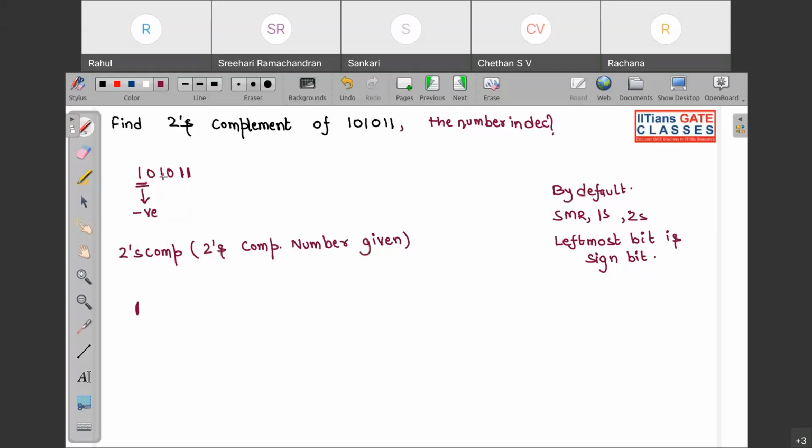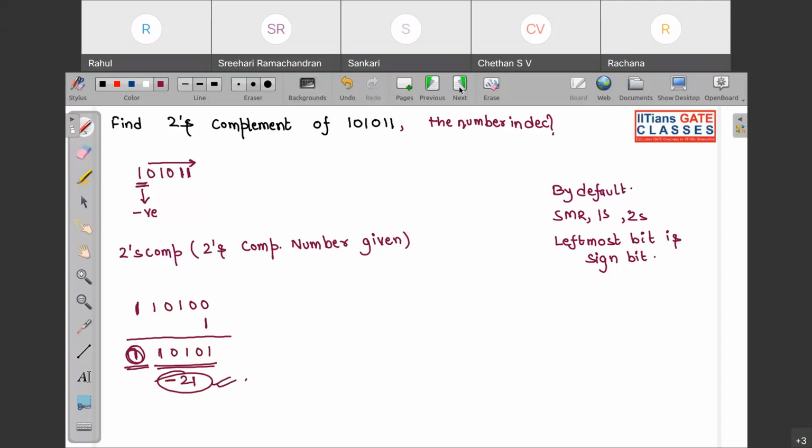The sign bit should not be disturbed, and we complement all the remaining magnitude bits. So this will be 1 0 1 0 0, and then we add 1 because I need to calculate the 2's complement. So this will be 1 0 1 0 1, and still there is 1 over here. This corresponds to 21, and this is your sign bit, so this is minus 21.